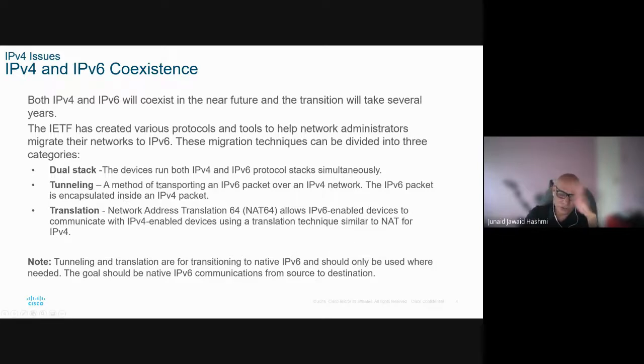There's a reason there are different methods of combining both IP version 4 and IP version 6, because IP version 4 has been used for the past 30 years. Every device and application uses IP version 4, and it's been around for so many years. It's not just devices that use IP addresses; the IP addresses are embedded in applications as well.